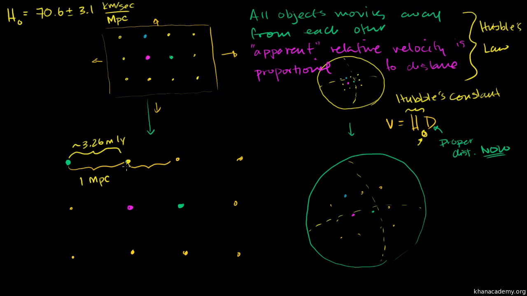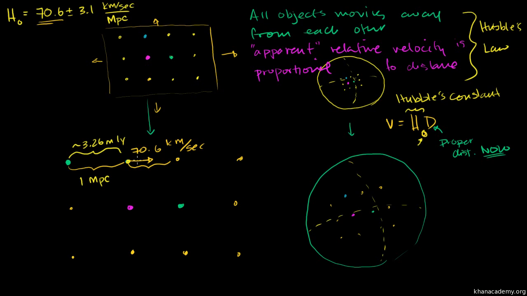Just the space that it's in is stretching in such a way that, based on its redshift, it looks like it's moving at 70.6 kilometers per second away from us.